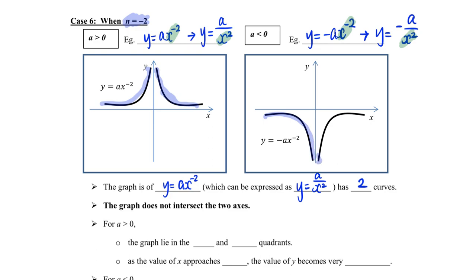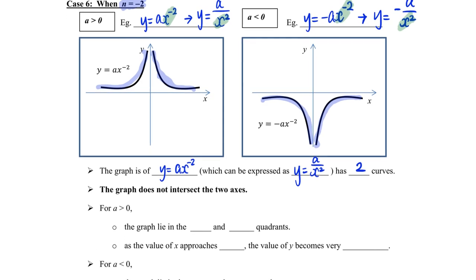It does not intersect the two axes, and for the case where a is bigger than 0, do take note again, this is first, second, third and fourth quadrant. It lies on the first and second quadrant when it is positive.